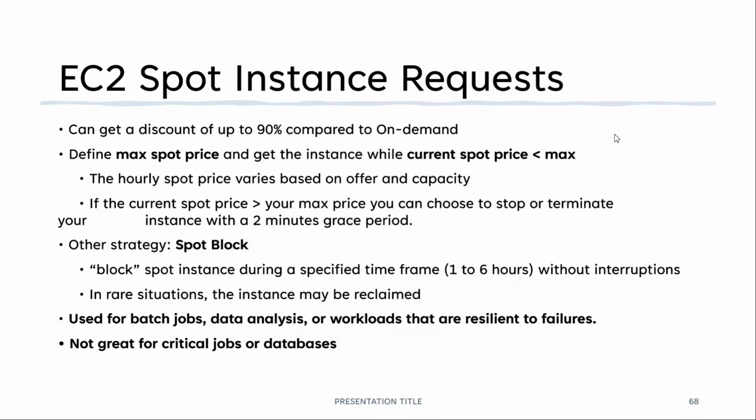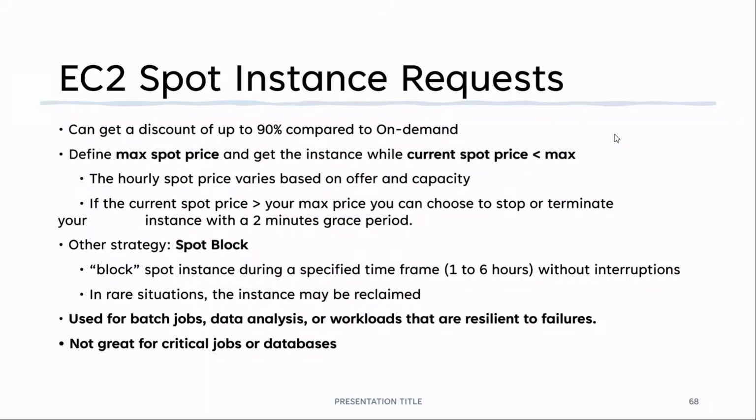Okay, another strategy is to use a spot block. Block means spot instances during a specified time frame, 1 to 6 hours, without interruption. So you can just request a spot instance for 1 to 6 hours using a spot block, and it will not get interrupted. Okay, but in rare situations the instance may be reclaimed.